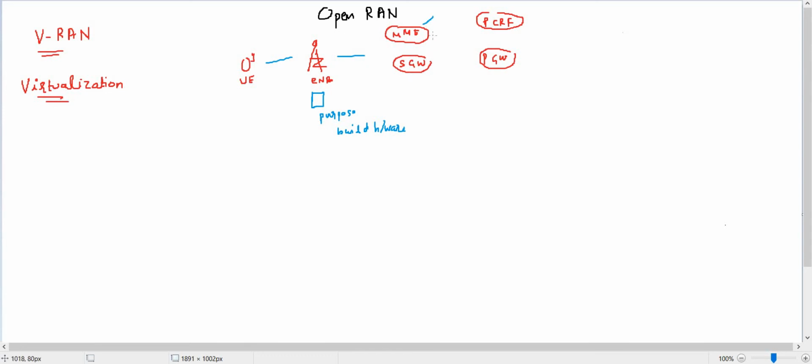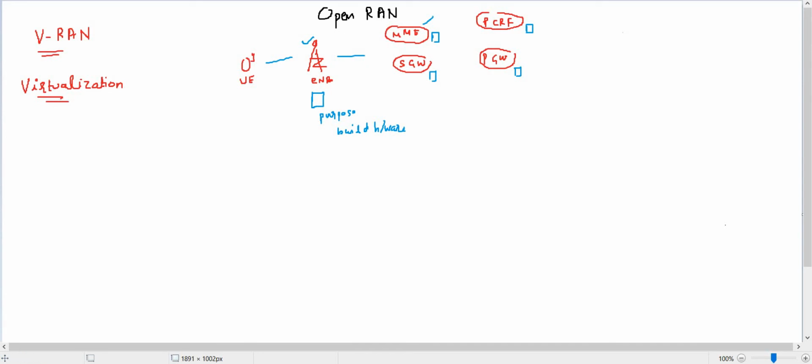So dedicated hardware will be there for the MME. Similarly, the SGW takes care of user plane data, so there is dedicated hardware for the SGW also. In a similar way, the PGW will have its own dedicated hardware, and the PCRF will also have its own dedicated or purpose built hardware. So you can see each of these entities has dedicated hardware.